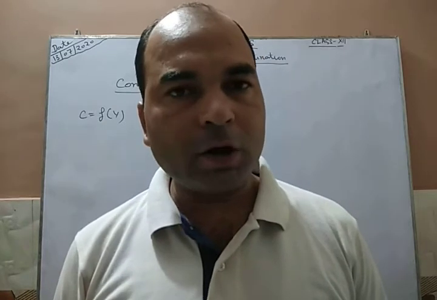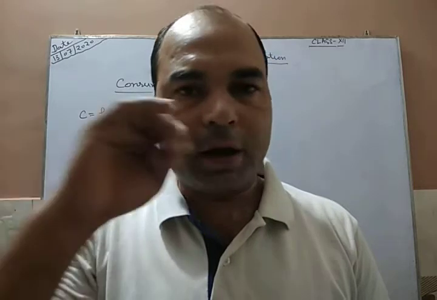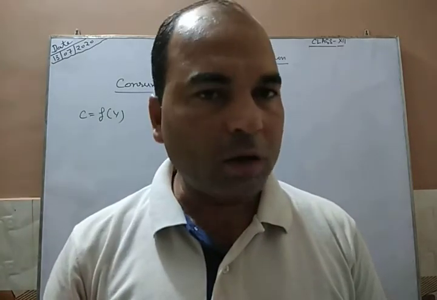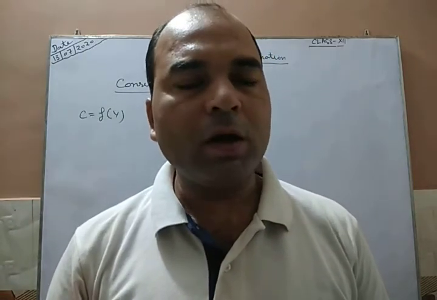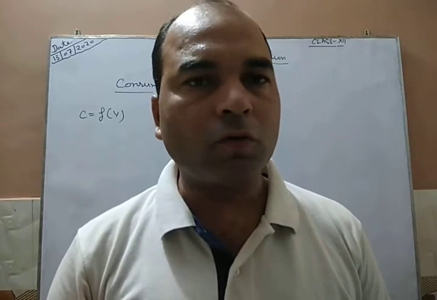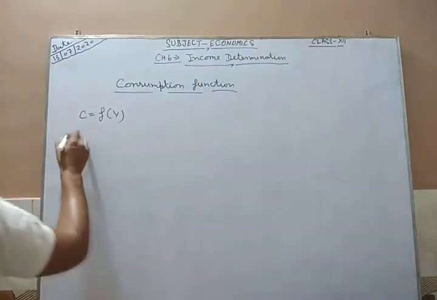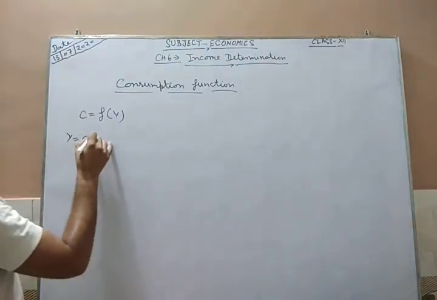I hope this is clear to students. Keynes says that when the income of the country increases, then consumption also increases, but at a lesser proportion, because some part goes to saving, because Y is equal to C plus S.